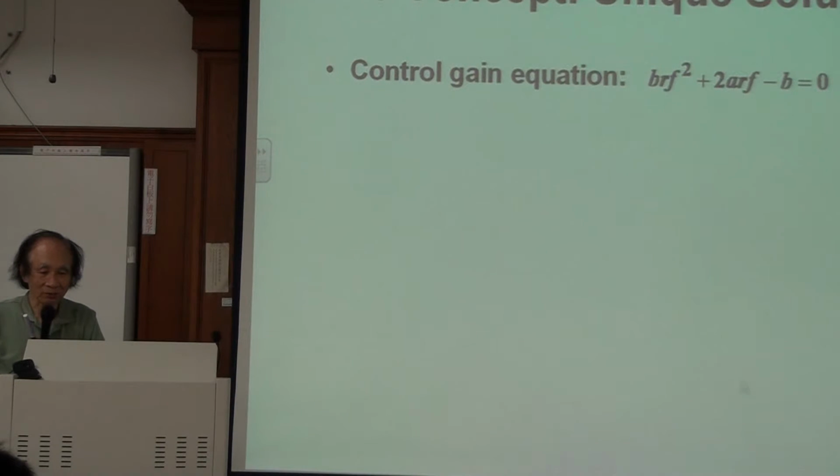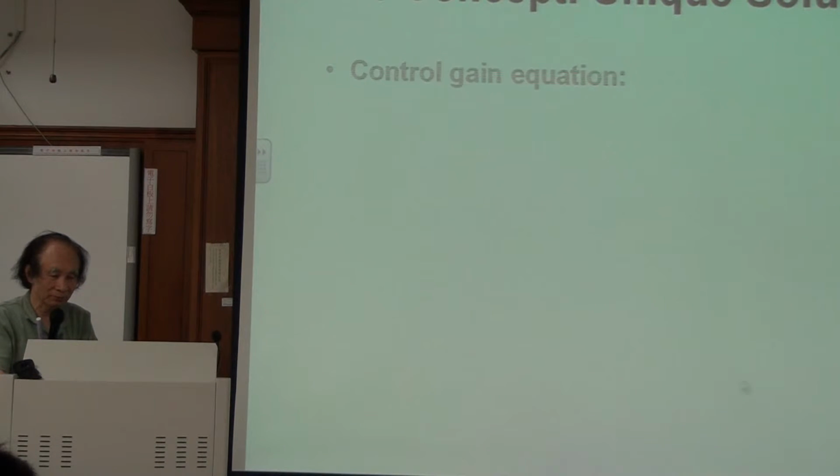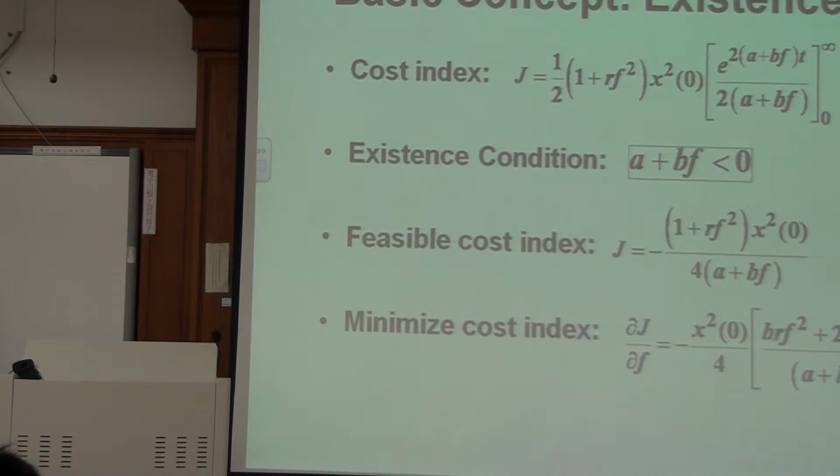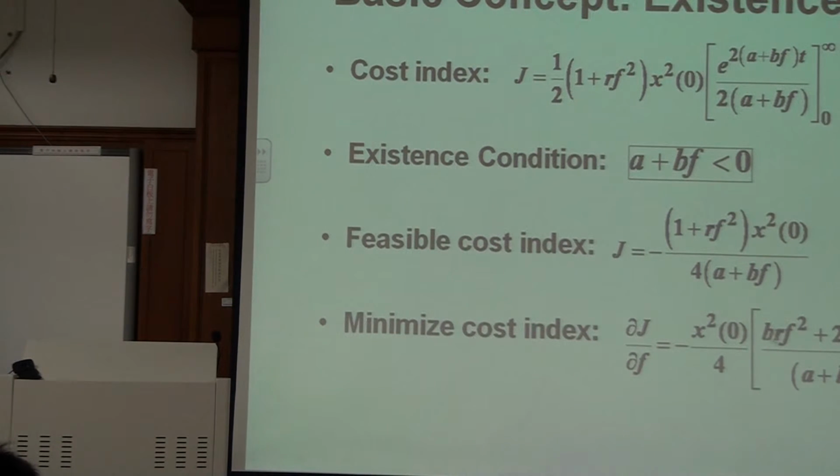Now, our control gain solution will be BRF squared plus 2ARF minus B. If you look at it carefully, if I want that equal to 0, there's some very basic concept here now.